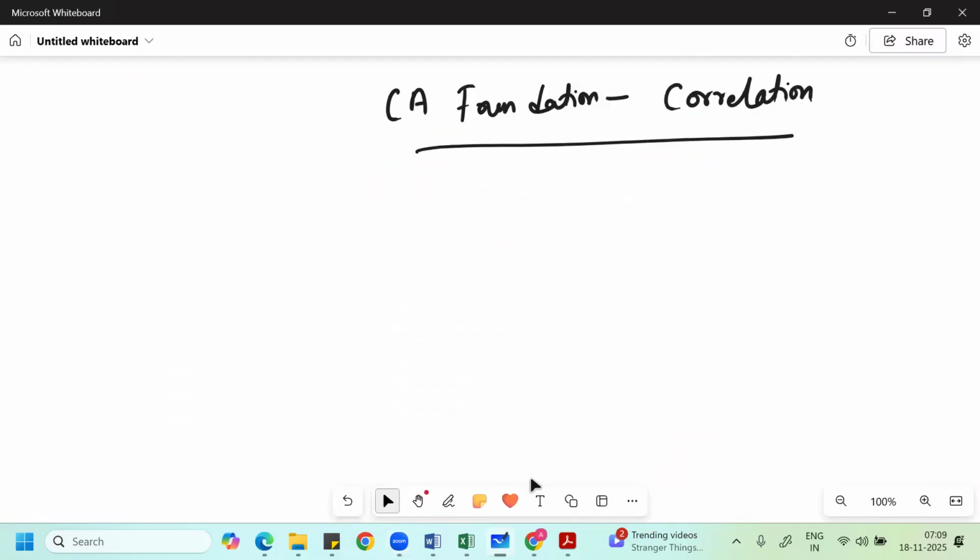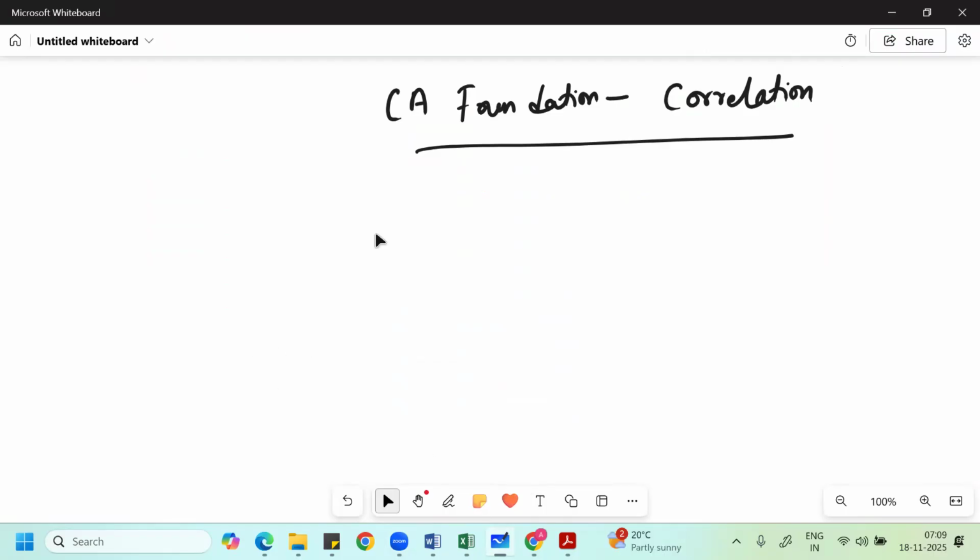Okay, so basically, talking about correlation. As the word is telling you, it is a relation, correlation. It is a relationship between two independent variables. Let those two independent variables be x and y.